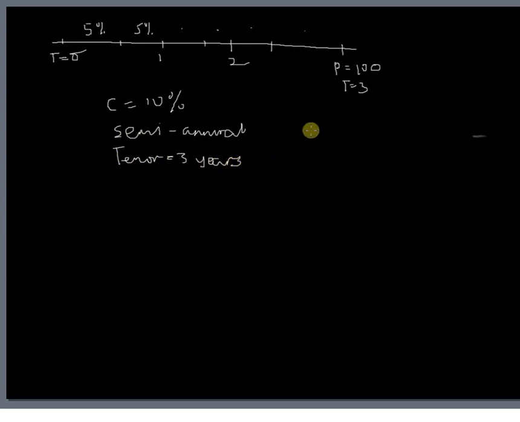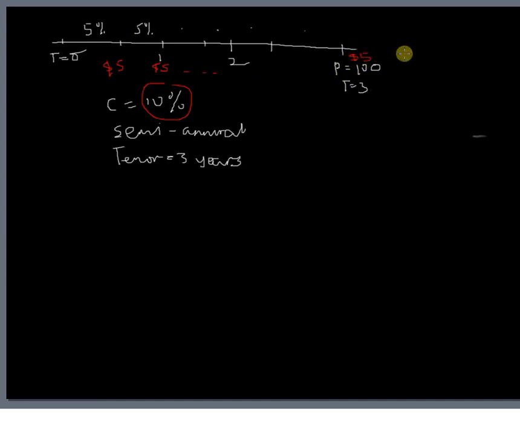So the challenge now is to value the bond, the price of the bond today. And how do we do it? As we can see, there's actually 2 elements to valuation. The first one is the coupon that we'll be receiving semi-annually. So it's $5 here, $5 here, and so on, and $5 here.